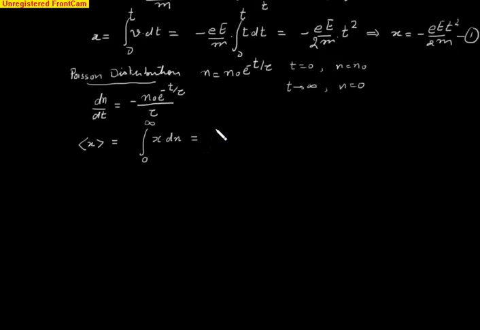And this equation will be written as integral from 0 to infinity of x times, let us divide dn by dt and multiply by dt. Now this is the change of electrons which are now moving under the effect of electric field, but earlier they were moving under the thermal conditions.